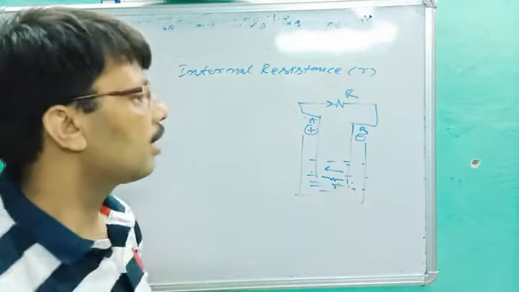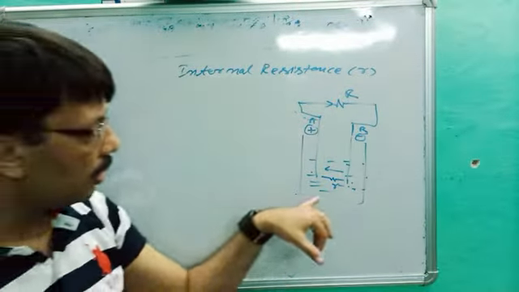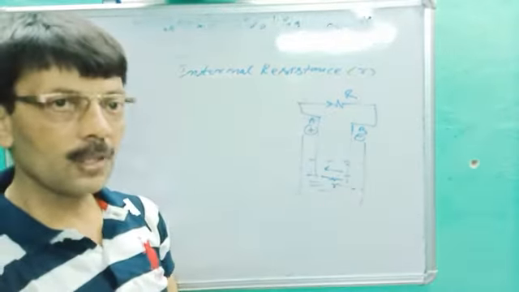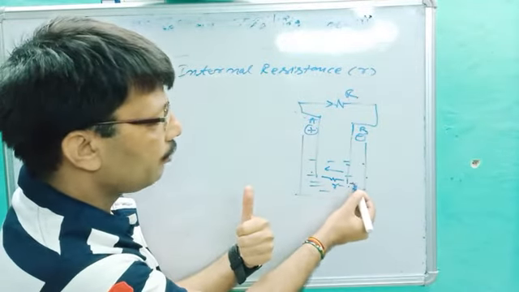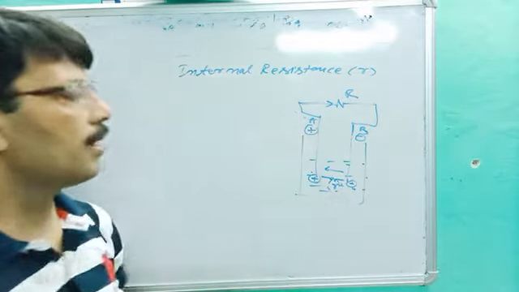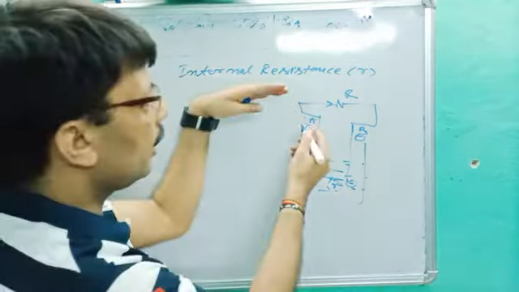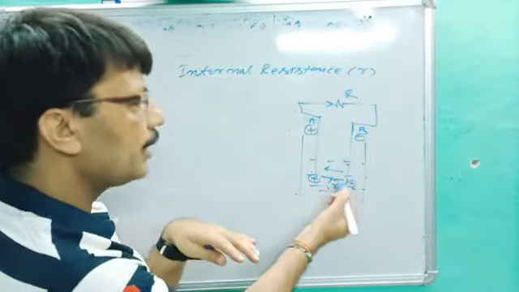This is called internal resistance. Very easy point. So what is internal resistance? The resistance offered by the electrolyte when current is drawn from negative terminal to positive terminal is called internal resistance. In the outer circuit, current is drawn from positive to negative, while in the inner circuit it is drawn from negative to positive.